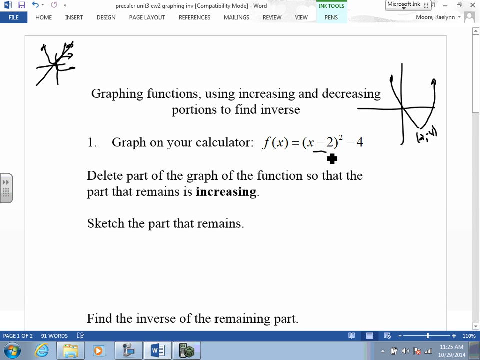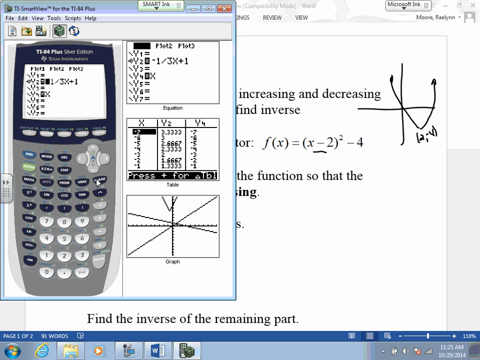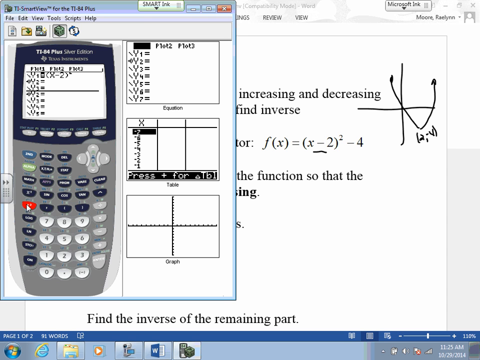So if you put this in your calculator, you will see a parabola that opens up. Okay.